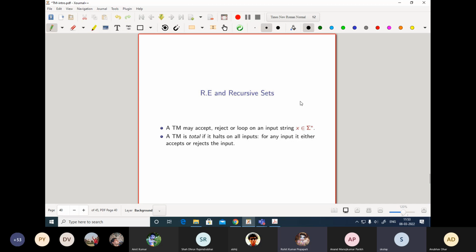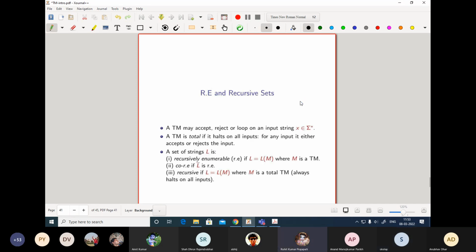A Turing machine is called a total Turing machine if it is halting on all inputs, meaning that you give me any input, the Turing machine is either going to accept it or it's going to reject it. It's not going to loop on it.